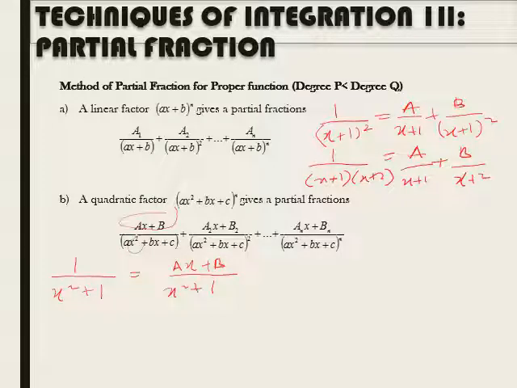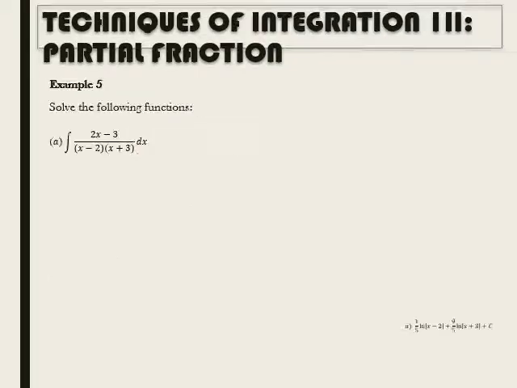If it's just a linear factor, we just have a constant A, B, C, and so on. But if it's repeated, the same factor squared, then we need to repeat it like this. Never mind, we look at another example.